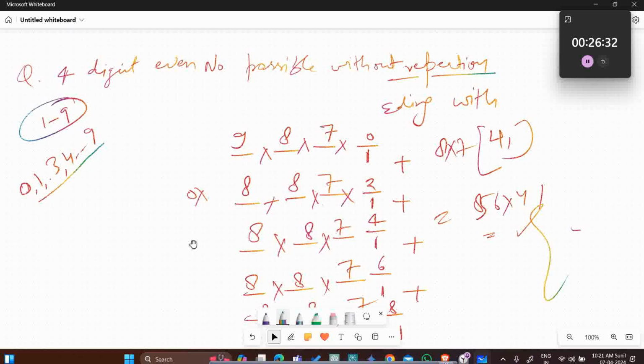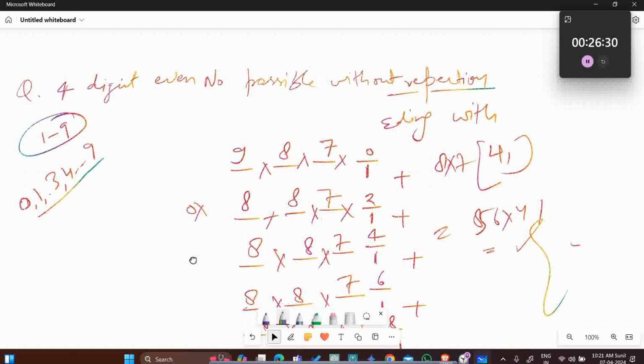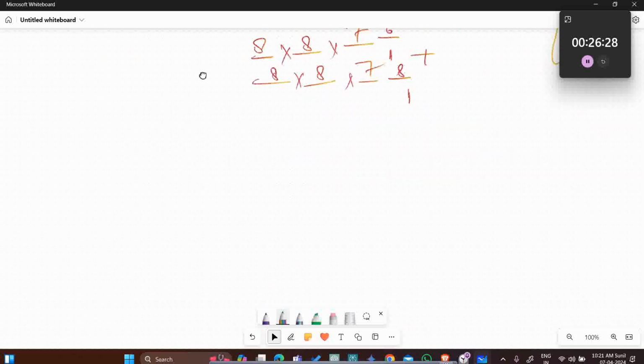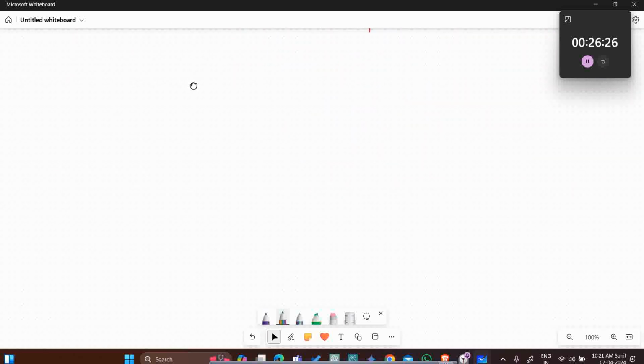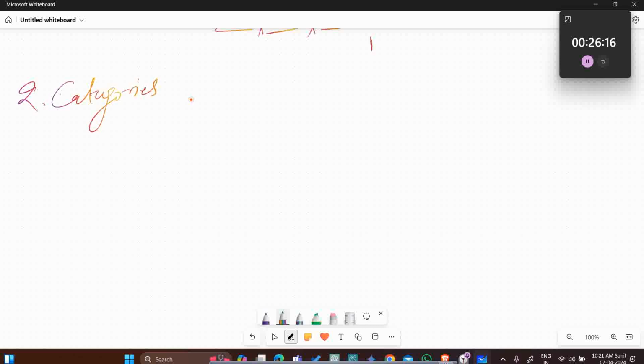We know, right? Fix at last. Second category of permutation constraints.